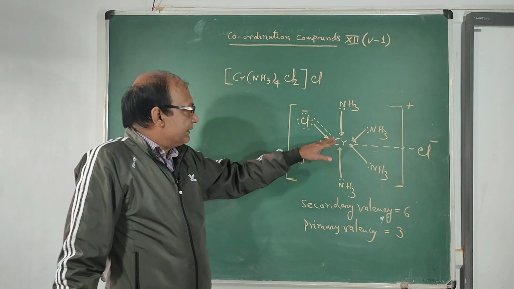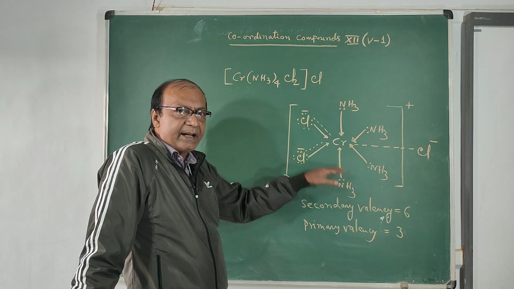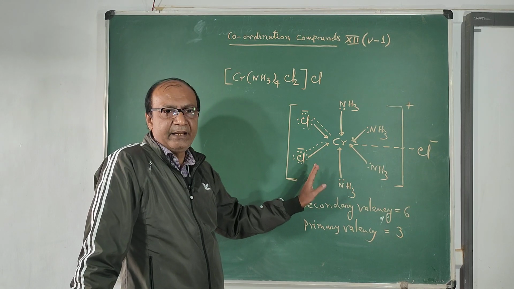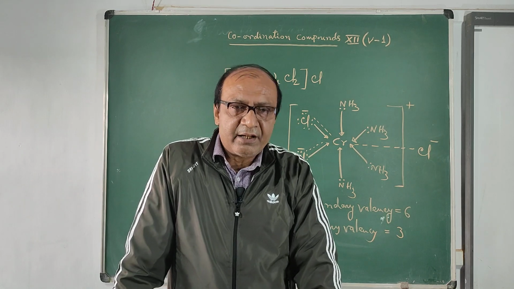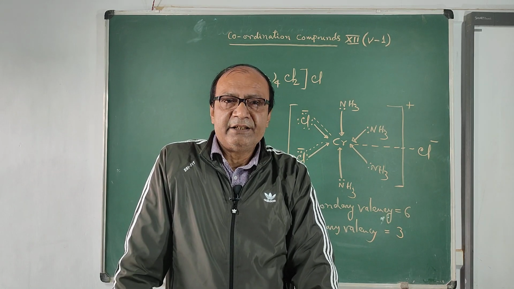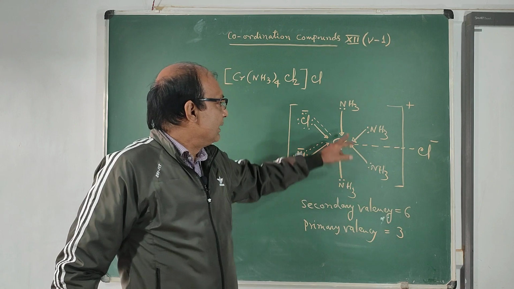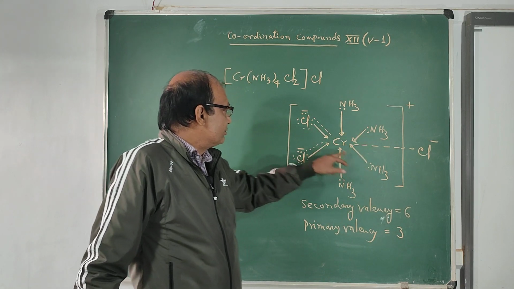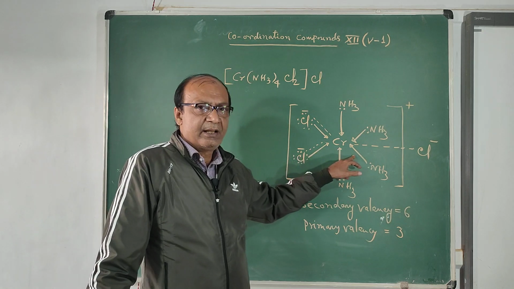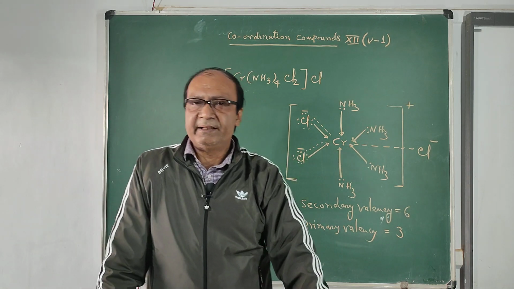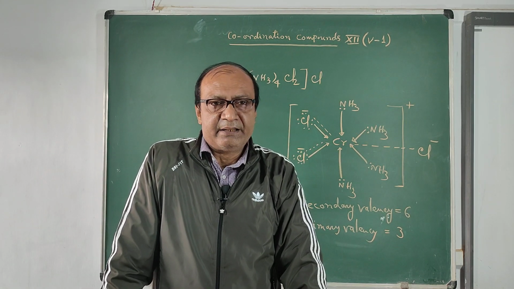Now what does secondary valency mean? It means that the central metal atom or ion is bonded to some neutral molecules or anionic species through coordinate linkages. This number of coordinate linkages is called secondary valency.